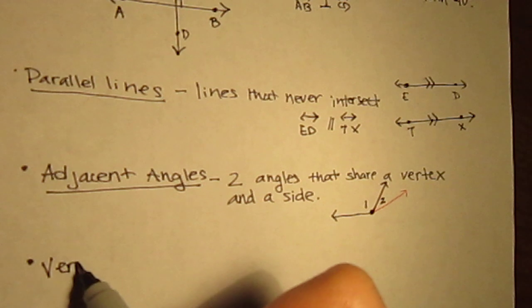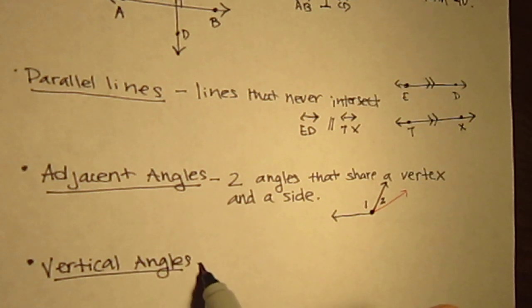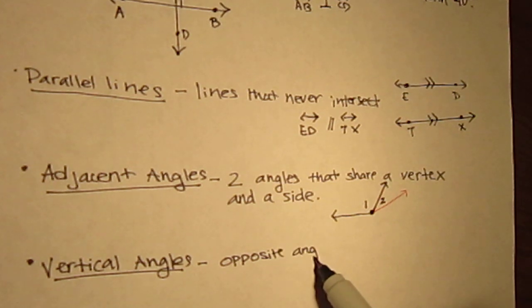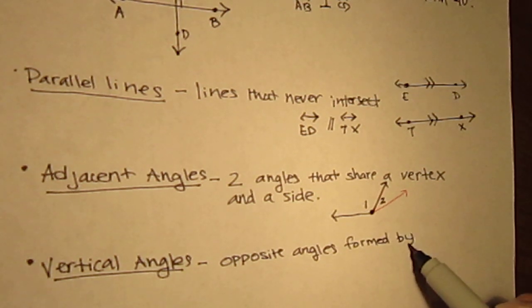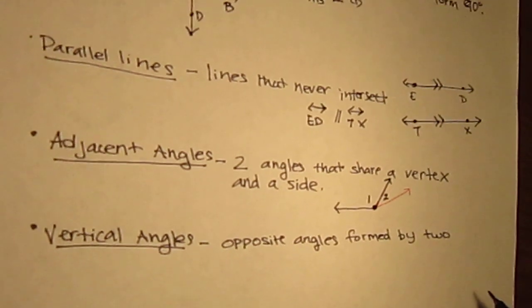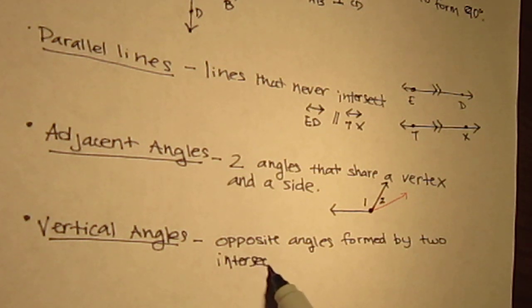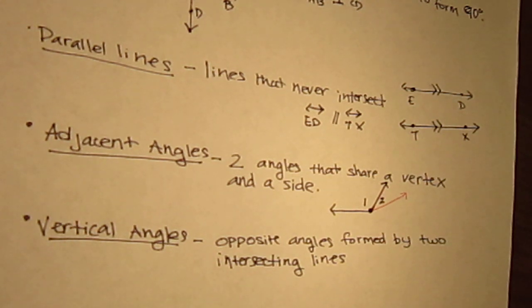We have vertical angles. Vertical angles are opposite angles formed by two intersecting lines. So for example, I have a line going this way.